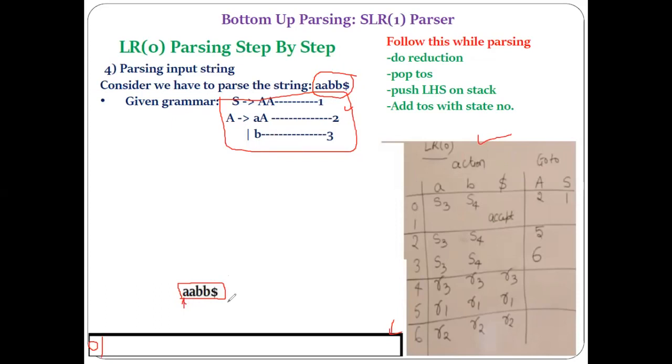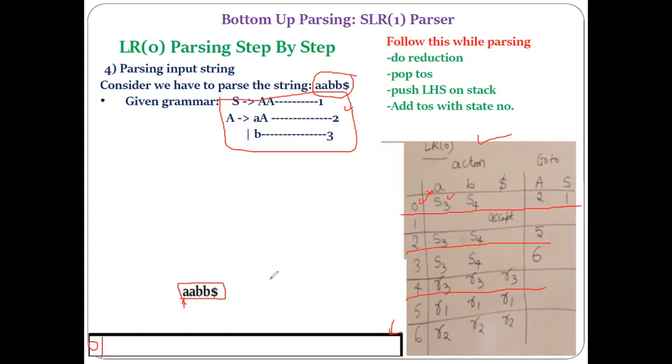In the table you have to see 0 on the terminal A. 0 on the terminal A is S3, meaning a shift move.